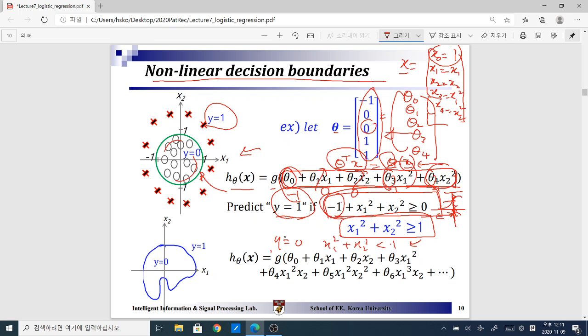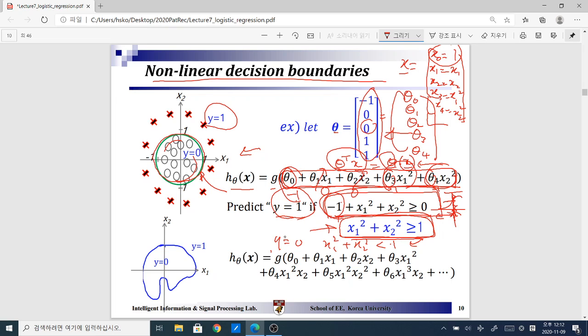So nicely, what that means is that this obviously is an equation, a formula for a circle. So that circle is defined by this.